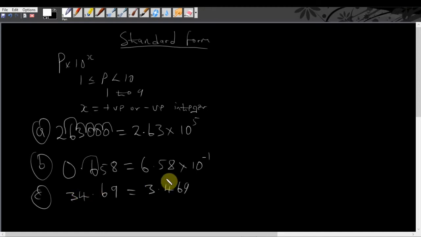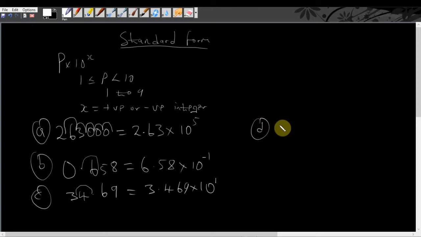So how are you going to know what the exponential will be? As in the times 10 raised to the power what will it be? This is what you will do. Go to the number. This is where you now brought the dot. Count again toward the dot, which is 1. This makes your answer to be 3.469 times 10 to the power 1.